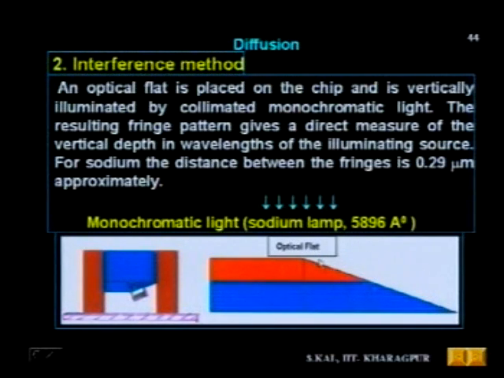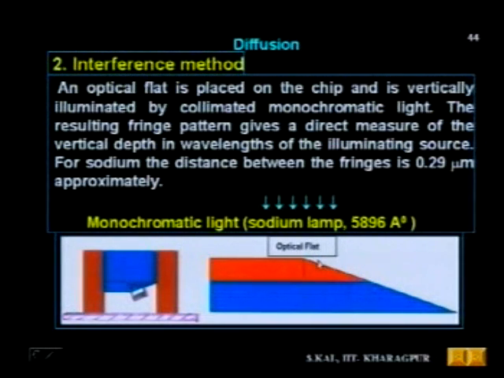Now the fringe pattern gives a direct measure of the vertical depth in wavelengths of the illuminating source. If you use a sodium lamp, then its wavelength is 5896 angstrom. If you count how many fringes there are and multiply by 0.29 micron, because this is lambda by 2, you will get the vertical depth roughly.